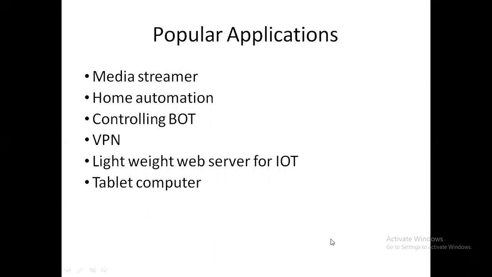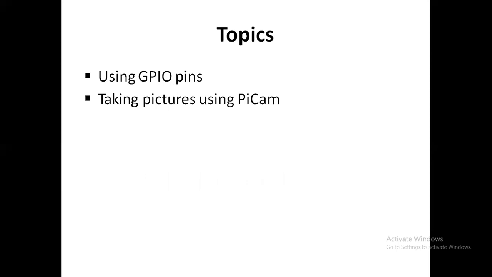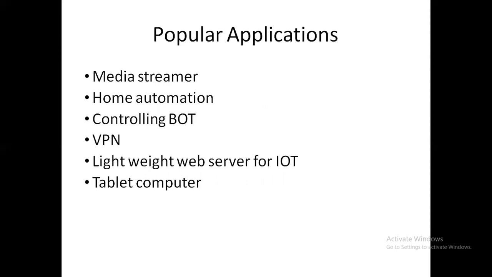The popular applications are Media Streamer, Home Automation, Controlling BOT, VPN, Lightweight Web Server for IoT, and Tablet Computer. These are different applications for which we are going to use this Raspberry Pi.